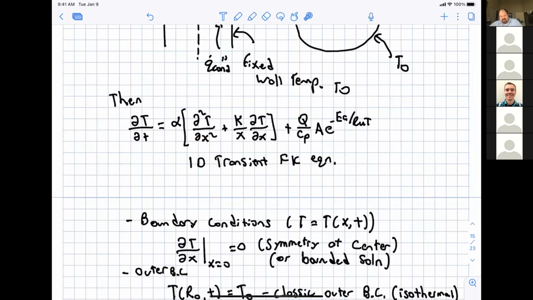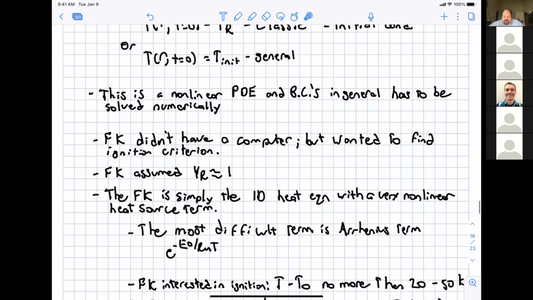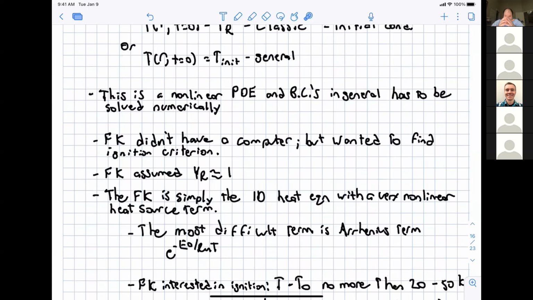But the source term, due to heat, is more or less the same. It's just rearranged a bit differently, where I divided by rho Cp on both sides to get it into this form here. Okay. So, are there any questions with this?